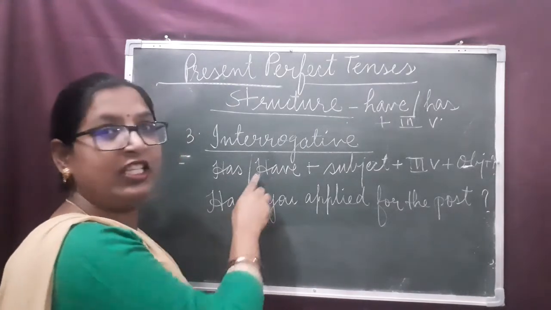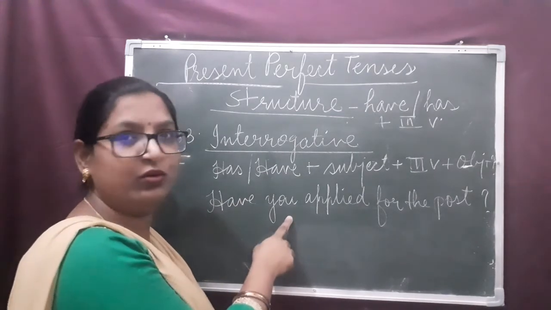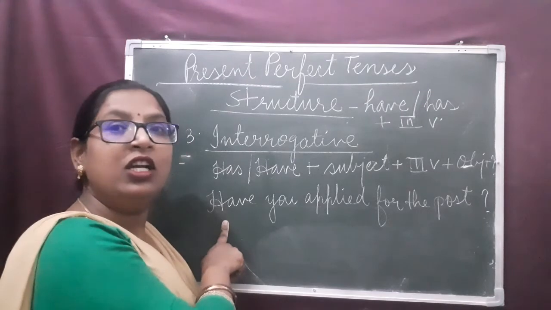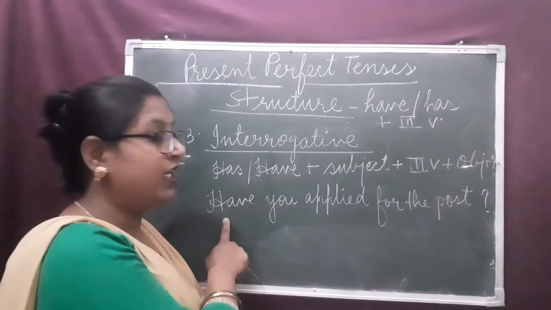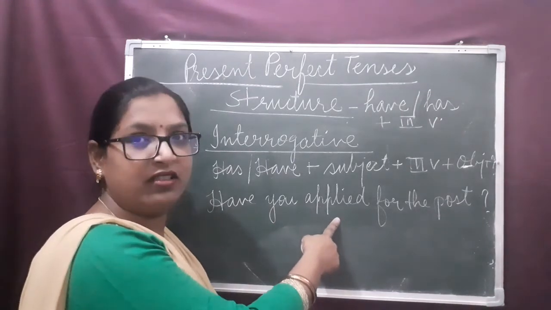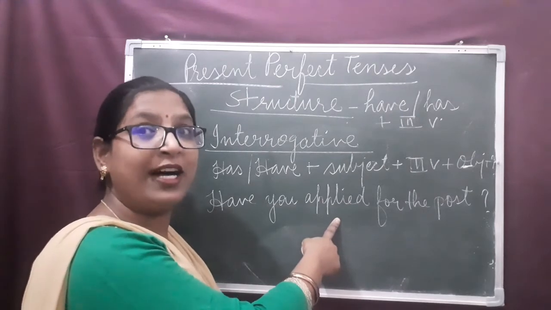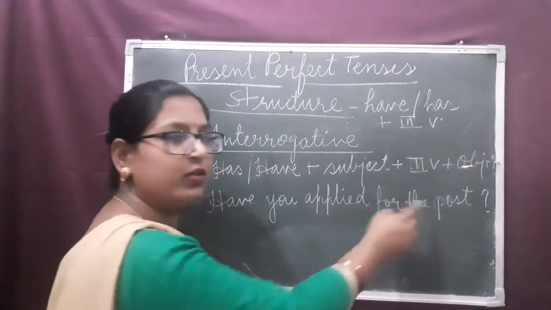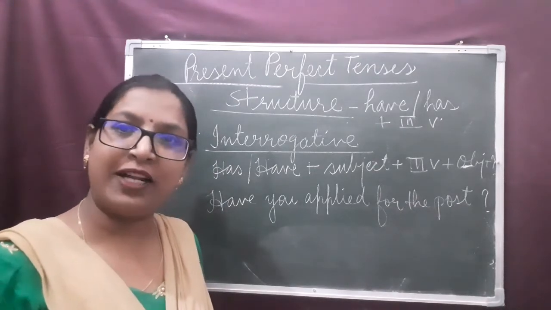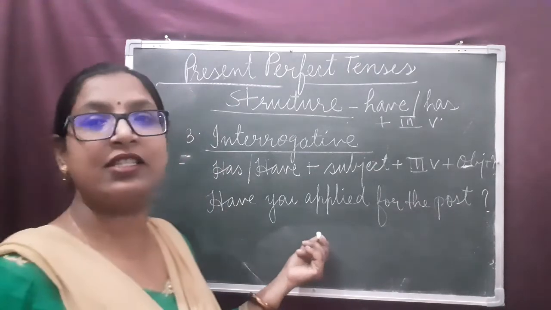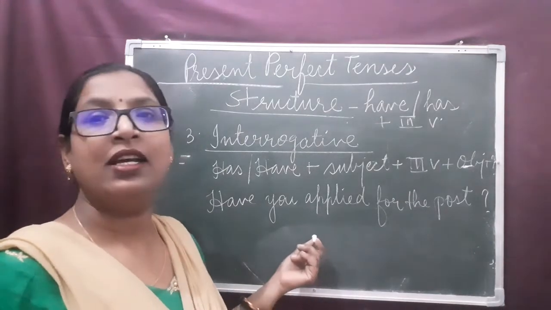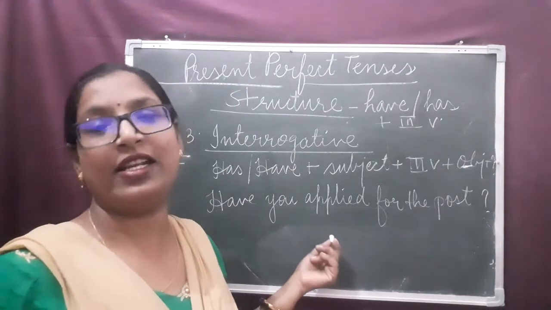Have is the auxiliary verb. Have you. You is the subject. So according to the subject, we have used the verb have. Have you applied? Third form of the verb or the past participle form of the verb. Have you applied for the post? The sentence is in present perfect tense and it is interrogative sentence.